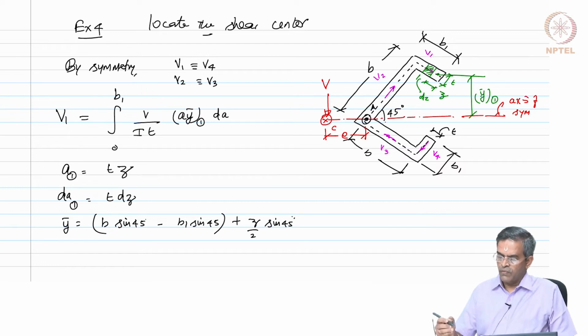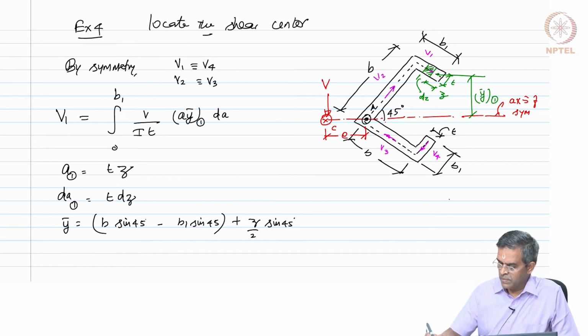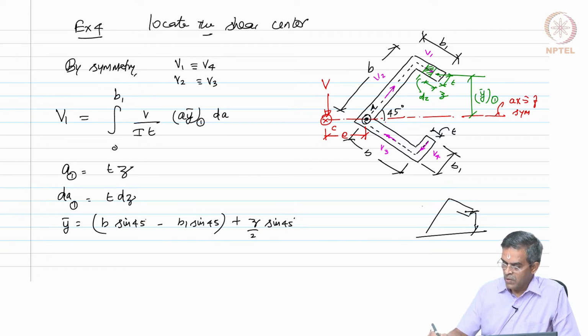So, B sin 45, let us say you see here. So, we are looking for this distance. Okay. B sin 45 will be this. B1 sin 45 you will be reaching here.